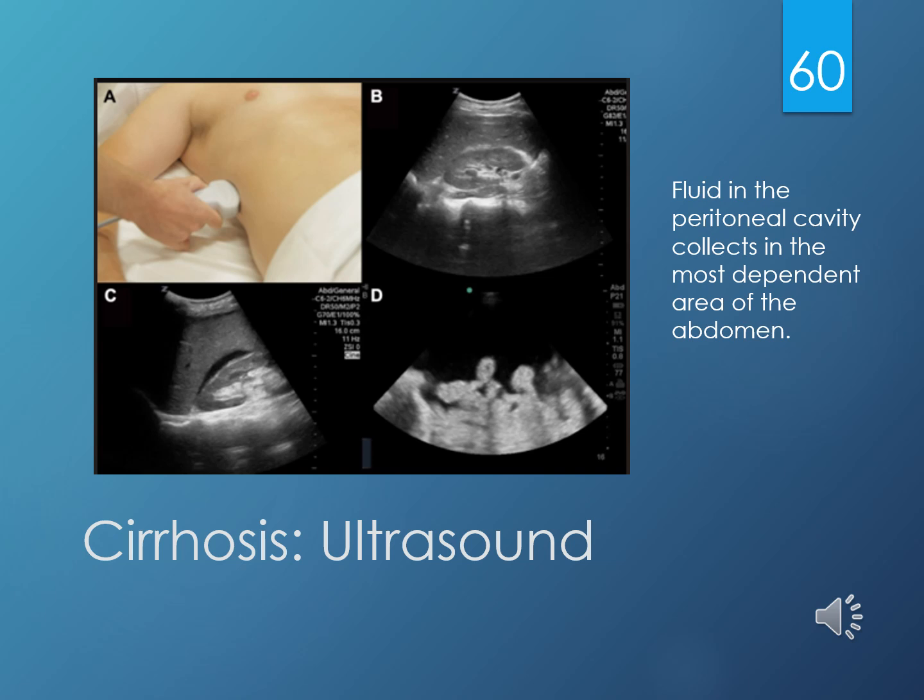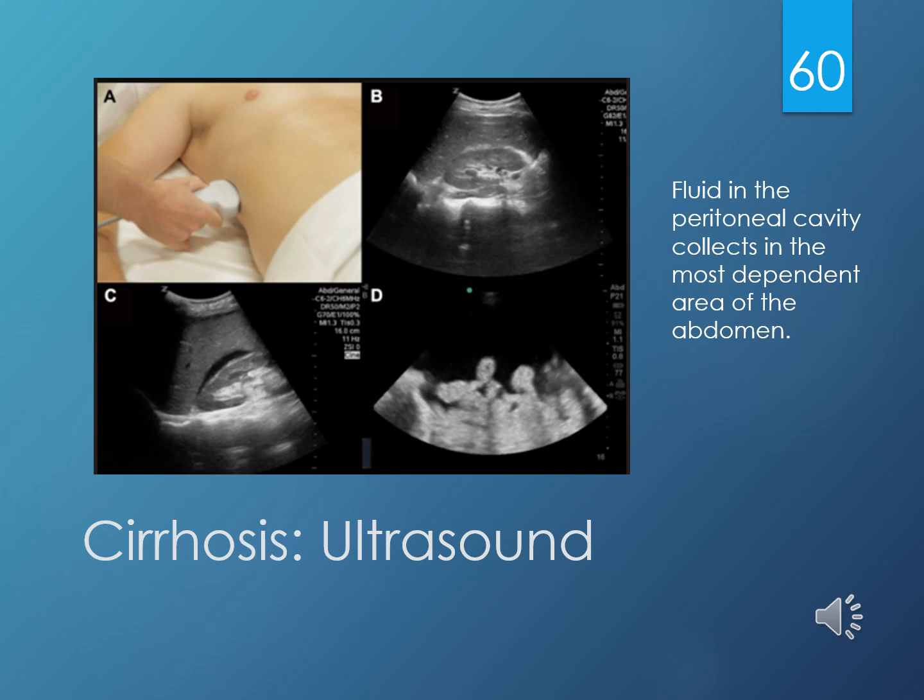So C is showing some fluid there in Morrison's pouch, and then D is showing a whole lot of fluid there, and the more echogenic area is bowel. All of that above it is all the ascites. That's all fluid. And then B looks like a post-paracentesis picture. We're not seeing the fluid anymore.